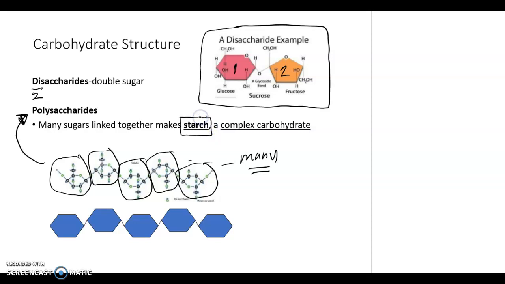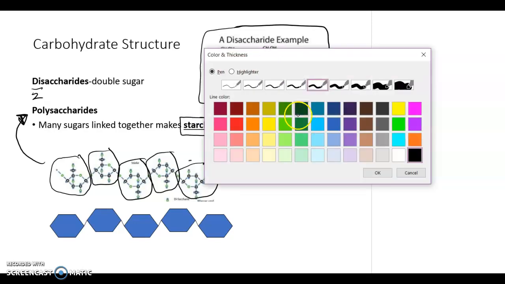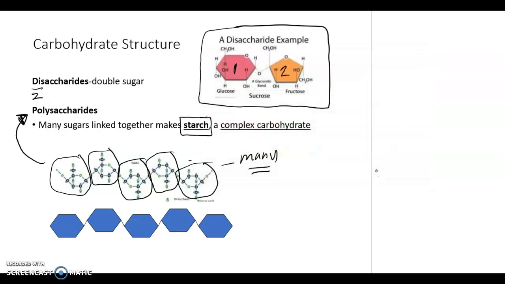And starch would be found, for example, if we were to take a look at, let's draw a couple leaves over here. And then we'll draw the roots.